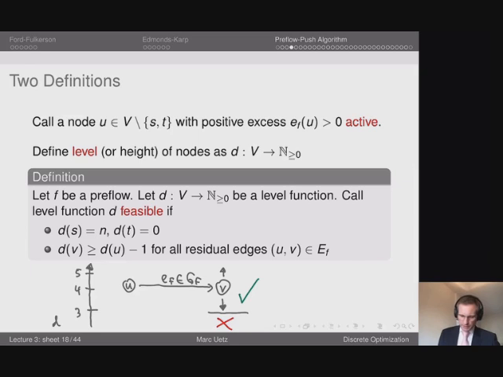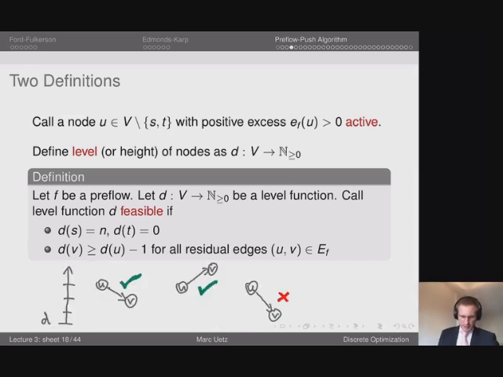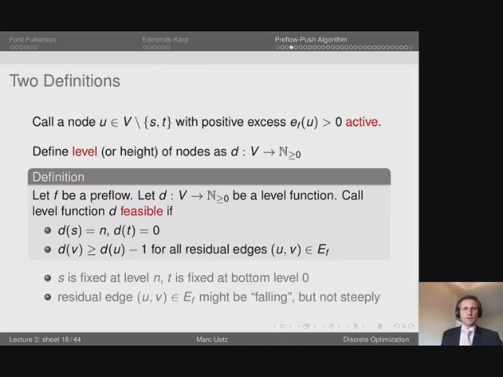So once more, let's look at 3 examples here. If this edge from U to V is an edge in the current residual graph, then it's okay if this edge is downward sloping from U to V. It's also okay if it's upward sloping, but it's not okay if it's downward sloping too much. The downward slope from U to V is only allowed to be this 1 unit here. So in writing, what is a feasible level function for a given preflow?